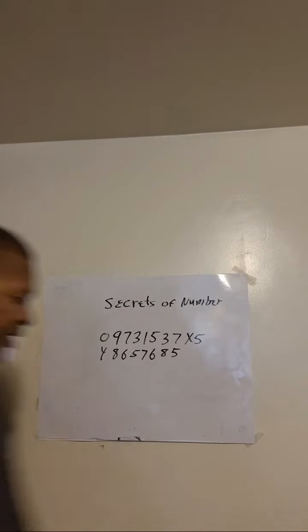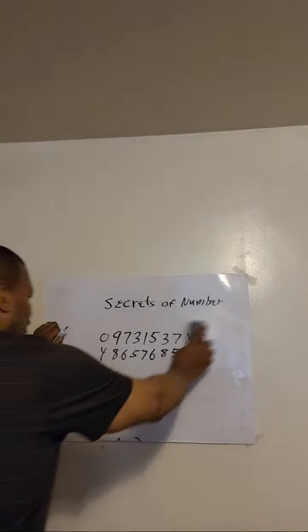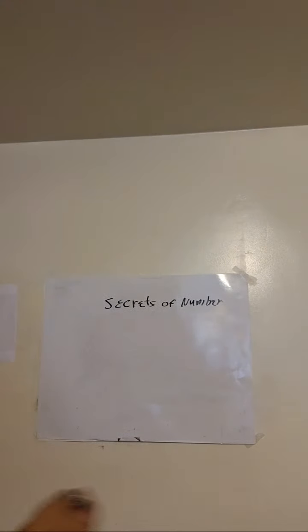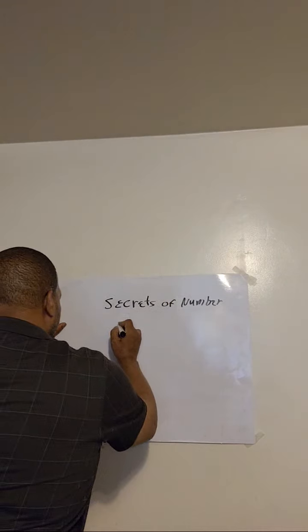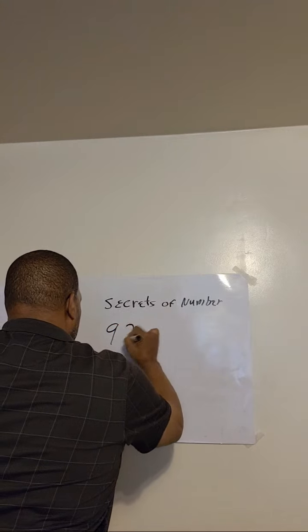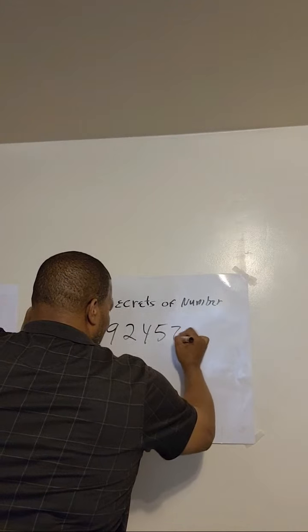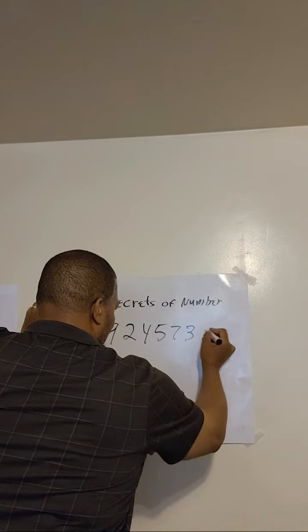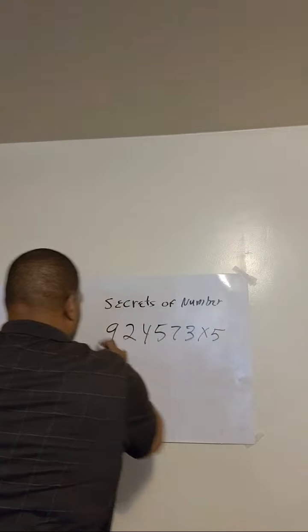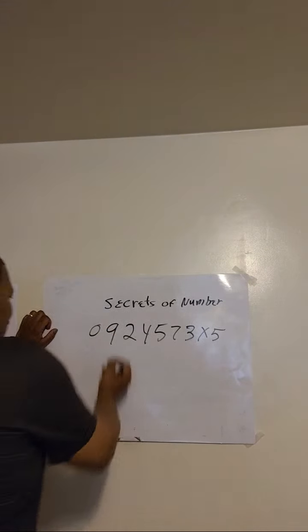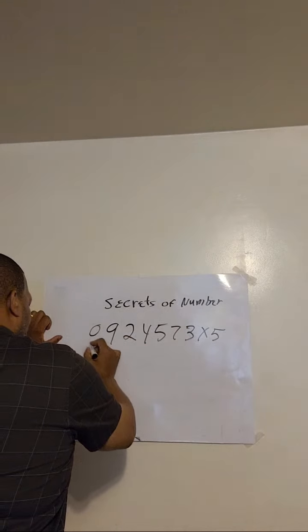Okay? Very good. Now, if we had a number that is mixed up between odds and evens, let's do 9, 2, 4, 5, 7, 3 times 5. Put in our placeholder. Same thing. Nothing changes. Okay? We know this is really an 8, so we go 4.